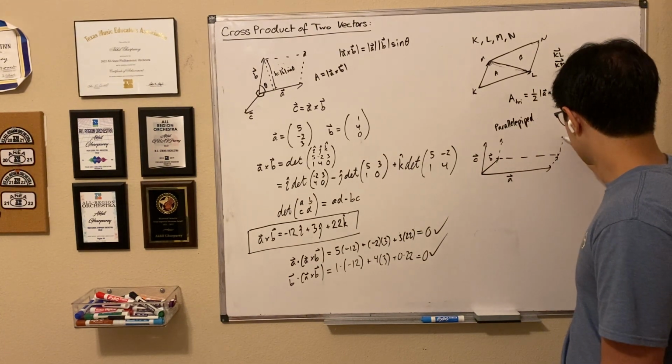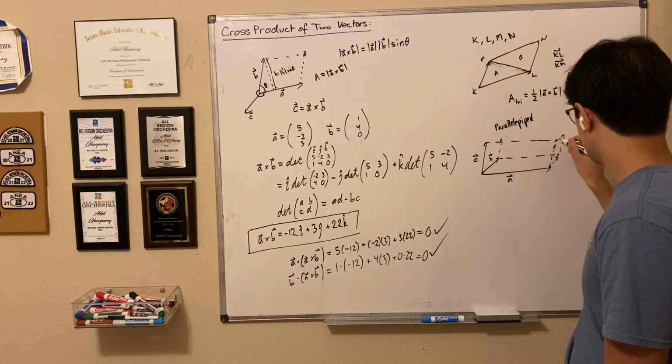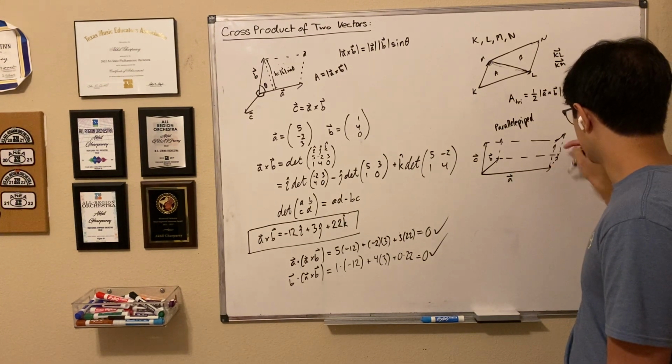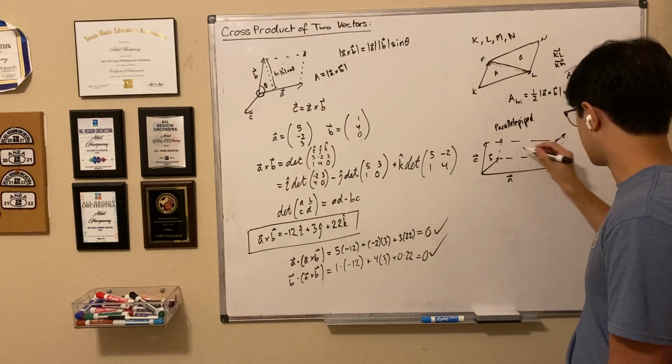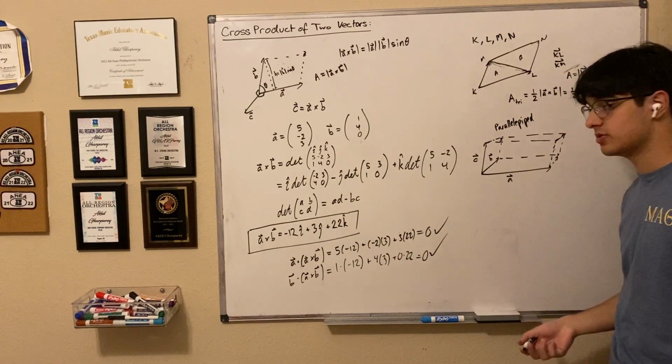So we can use this triple scalar product to determine the volume of this parallelepiped. How can we do that?